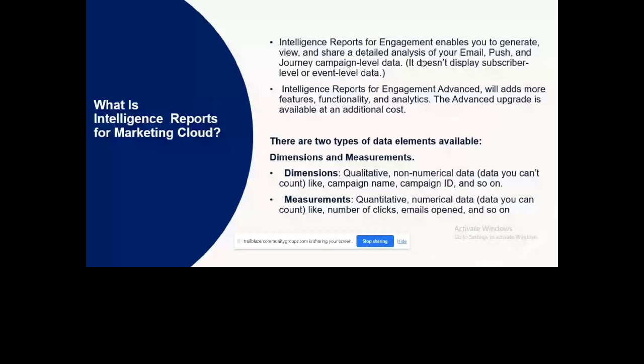I'm just talking about the intelligence report, not the advanced one. The advanced one provides additional features with more in-depth analytics, but the advanced option is not available for all customers. If you need advanced reporting, by default, we need to pay some extra cost, as it is not available by default.